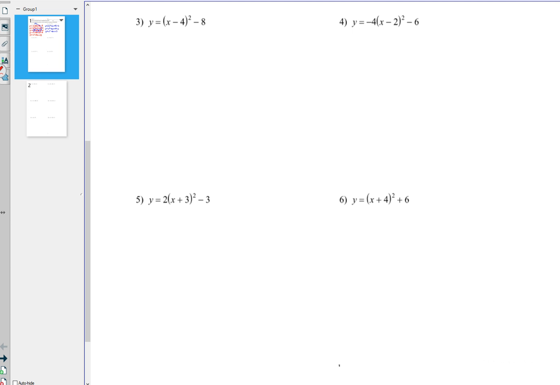You got it in the car? What'd you get? y equals x squared minus... You got it? What'd you get? What'd you get? 2x minus x squared. I mean x squared.